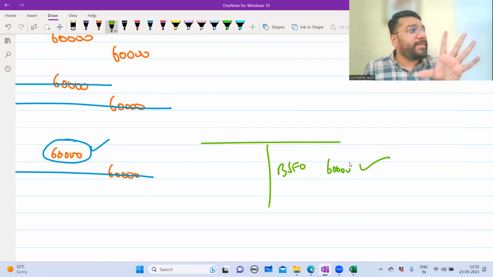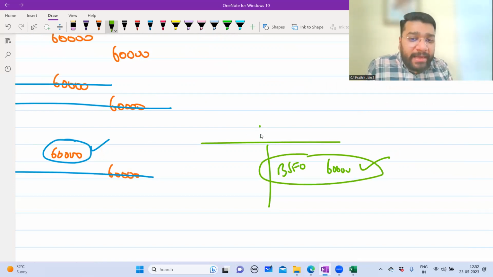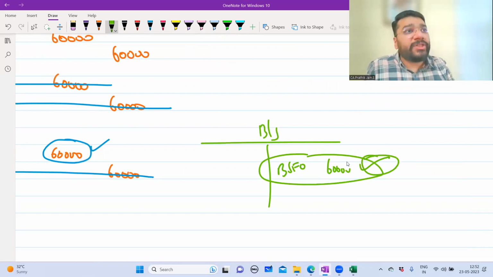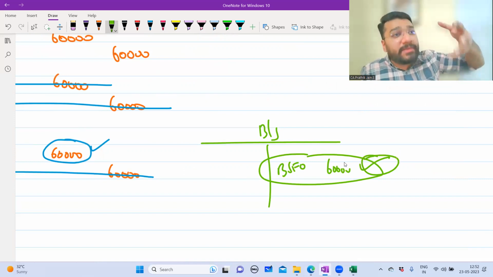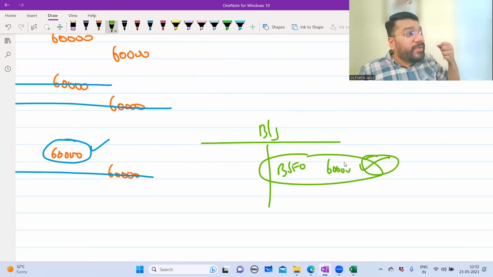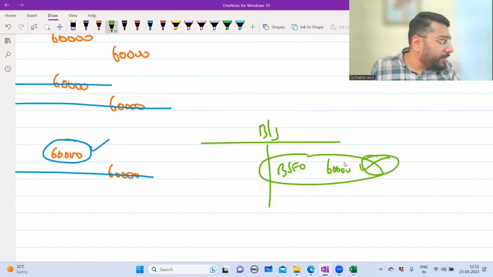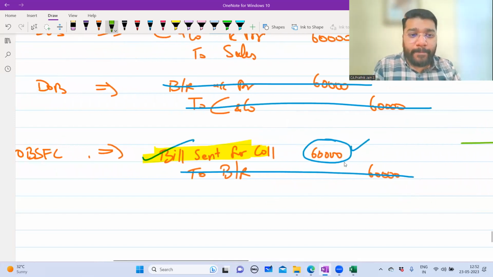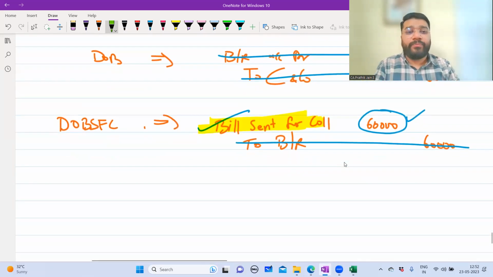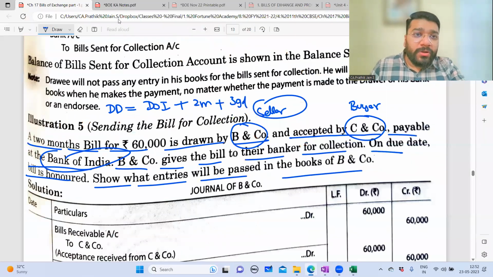It will keep flashing in your eyes. This is an indication that this money is supposed to be received from the banker, which is being sent as a bill for collection. Am I clear with what I'm saying? Online people, hello. Yes, sir.